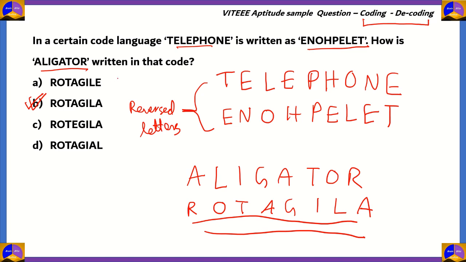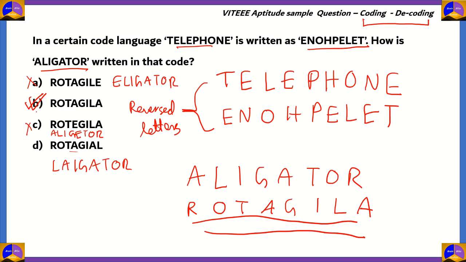So option A will become E-L-I-G-A-T-O-R, which is not alligator. So option A is incorrect. If you look at option C, it will be A-L-I-G-E-T-O-R, which again has a difference in spelling, so that's incorrect. And the last option will become L-A-I-G-A-T-O-R, which is different from the word we have, that is alligator.